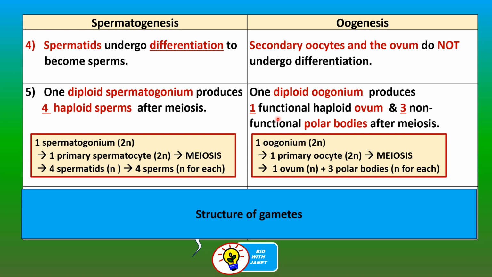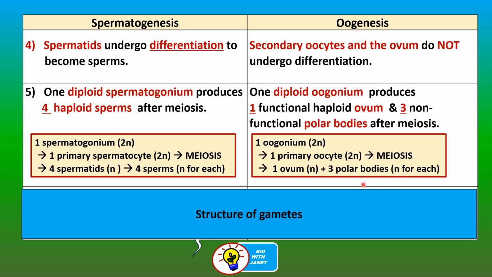But in oogenesis, one diploid oogonium produces only 1 functional haploid ovum and 3 non-functional polar bodies after meiosis. Again, let's recall oogenesis. In oogenesis, one oogonium that is diploid develops and grows to become one primary oocyte that is diploid, which undergoes meiosis 1 and 2 to form 1 ovum and 3 polar bodies, which are all haploid.